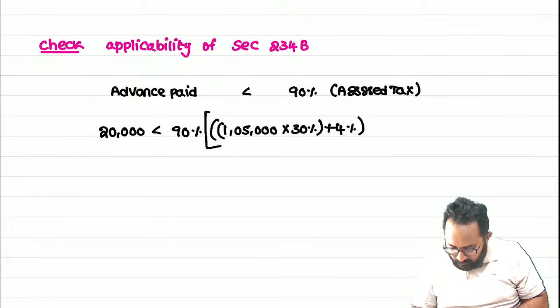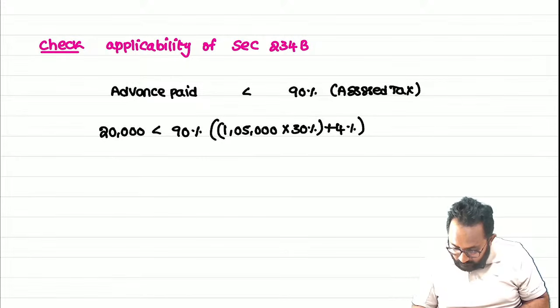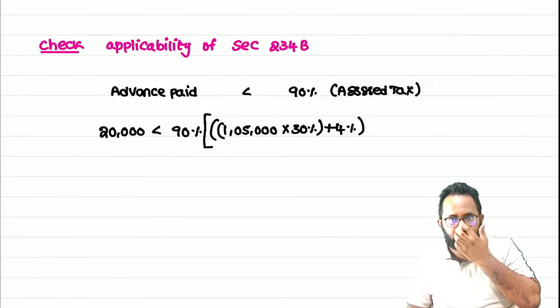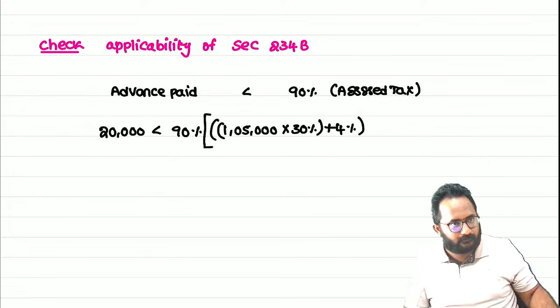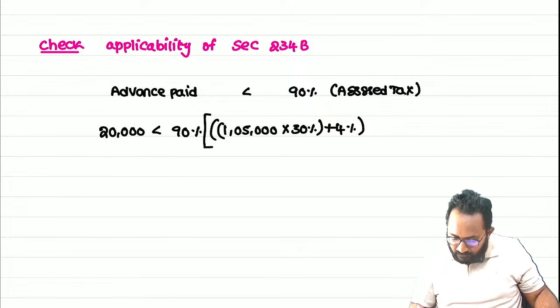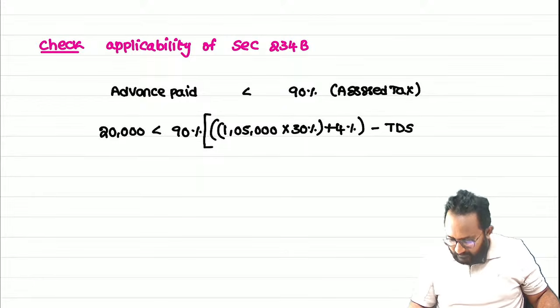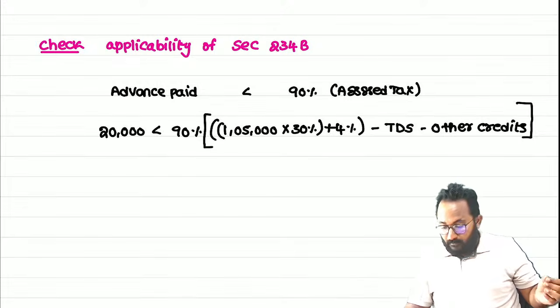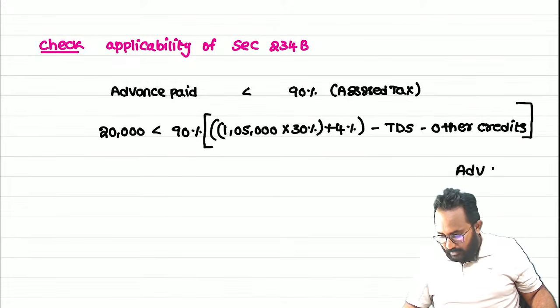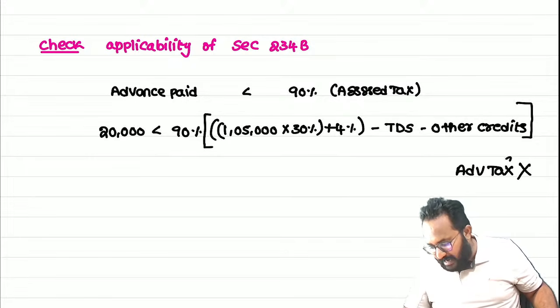Remember while checking, many students make this mistake: reduce all credits except advance tax. Why? Because we are comparing this with the advance tax only. You can reduce TDS and other credits if any. Other credits means relief under section 89(1), DTAA relief, and MAT credit, but don't reduce advance tax, because we are comparing with the advance tax.